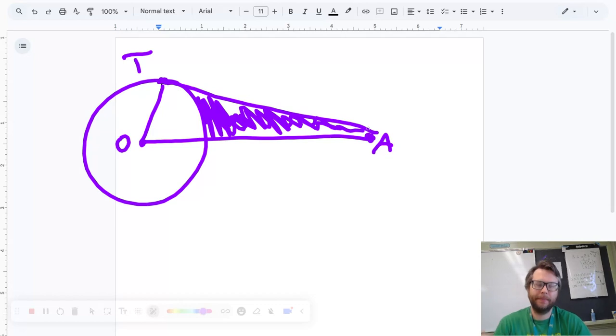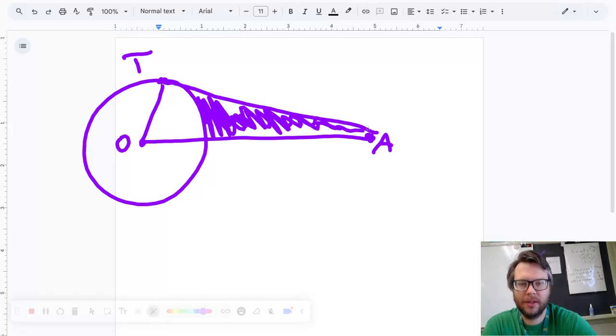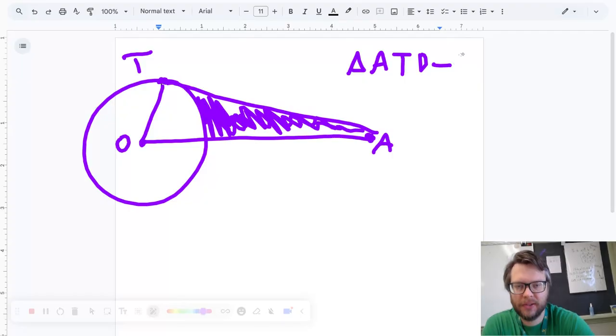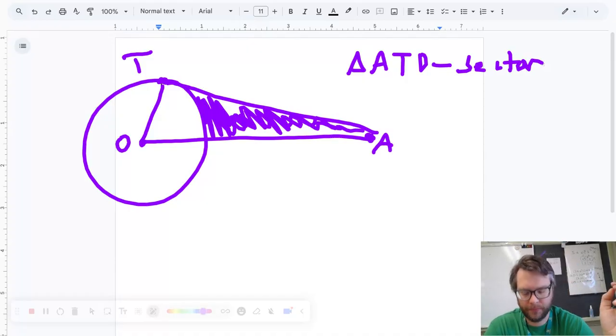So here's what I'm thinking. If I want to know the shaded area, I'm going to do the triangle ATO minus the sector, because that part was not shaded.